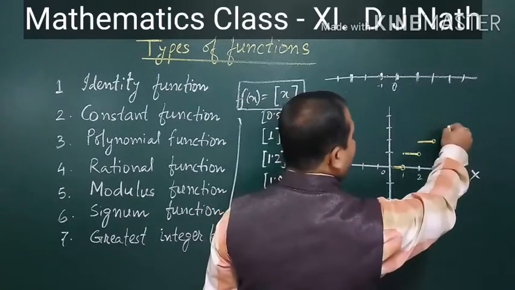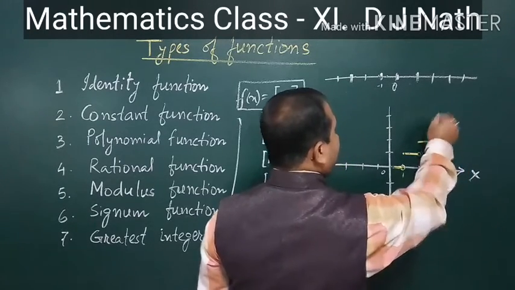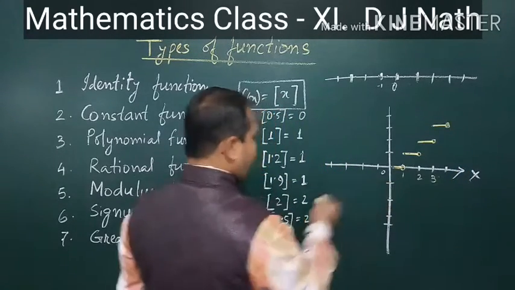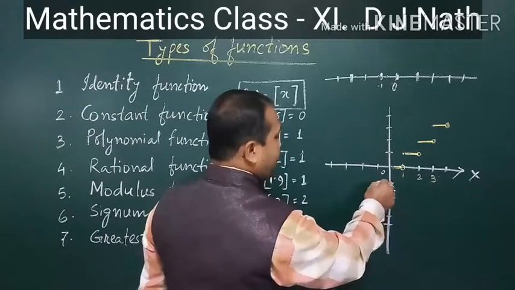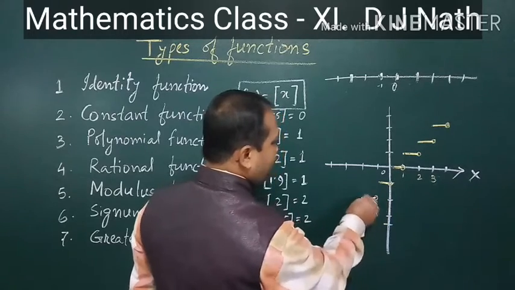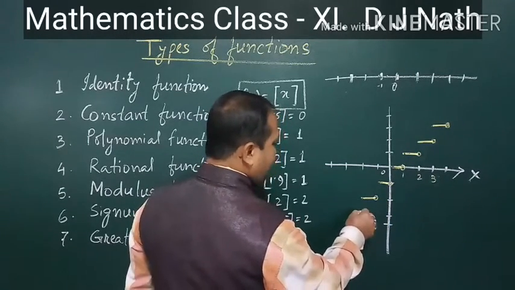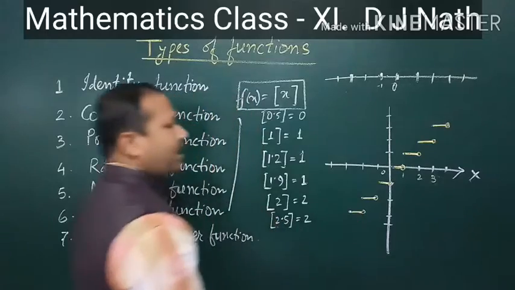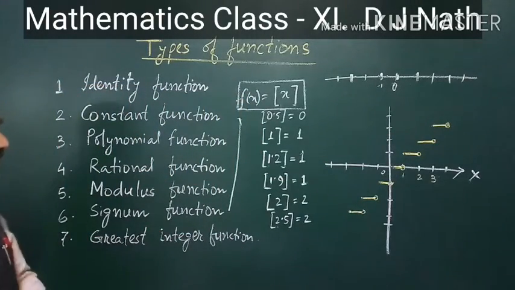Less than 4, it will be 3. And if it is less than 0, it will be minus 1. From here it will be minus 2, and from here minus 3. In this way, this graph is called the greatest integer function.